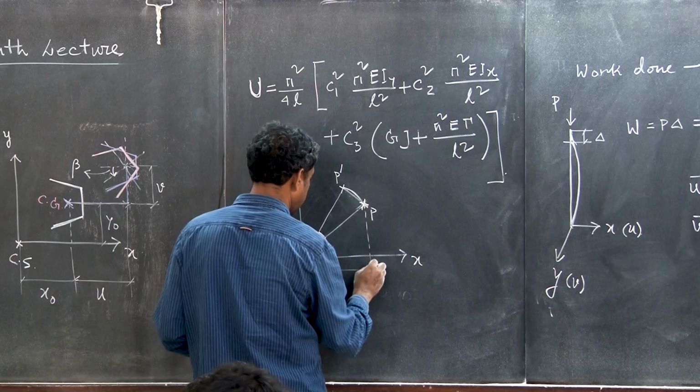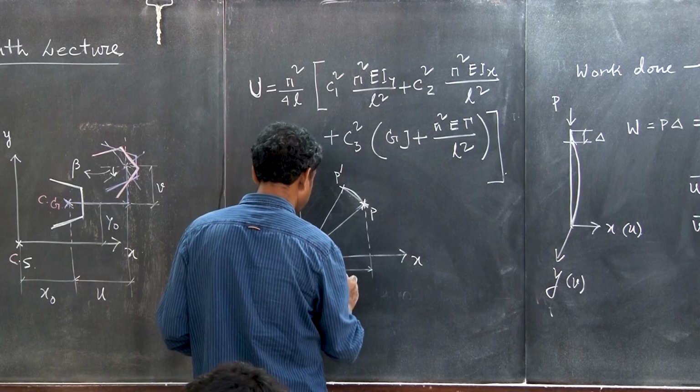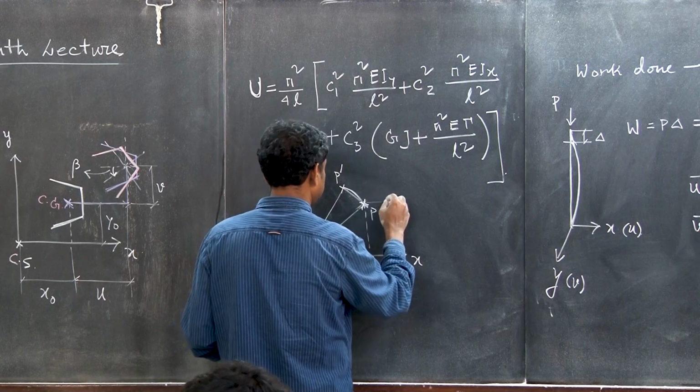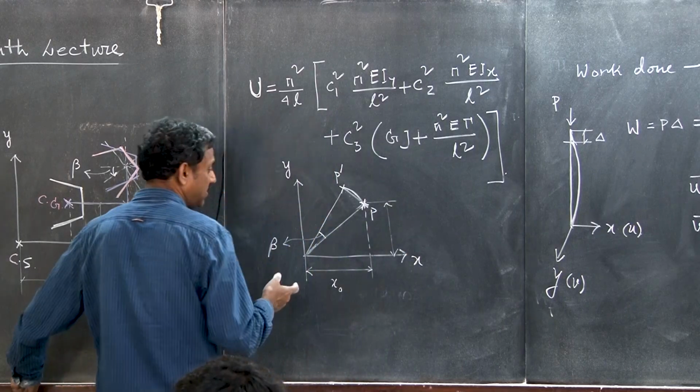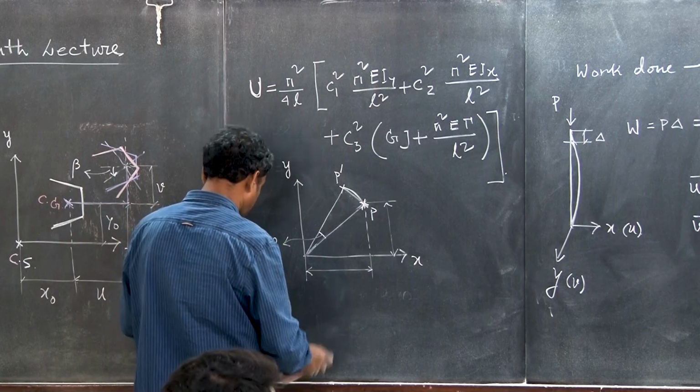From here to here I am assuming there is a coordinate x0, and this fellow's coordinate is y, basically, say any point on the cross section.